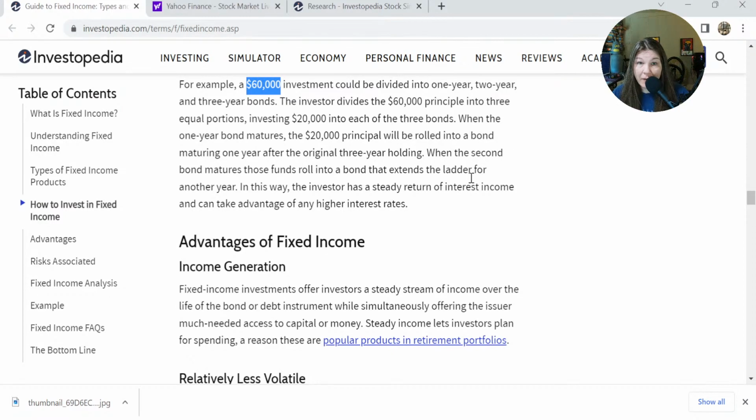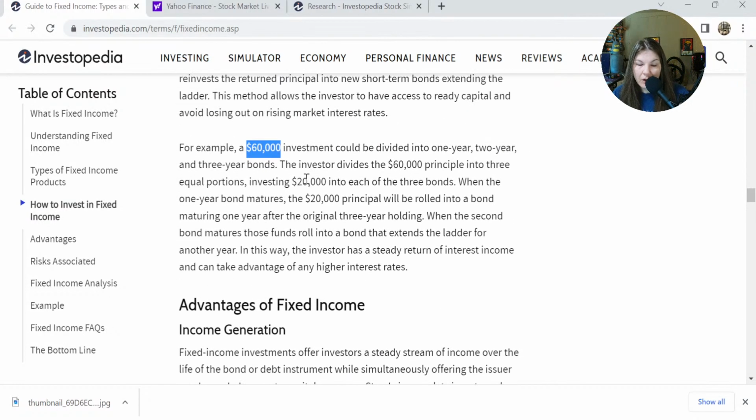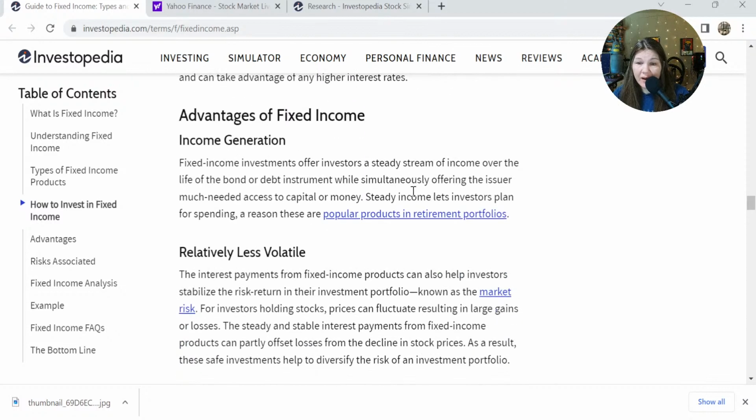So if they paid 5% monthly or 5% yearly, it would be $3,000. So what happens if you only have $1,000? $50. So you get less. But guys, $50 a year on money that you're not using is a good return, actually.